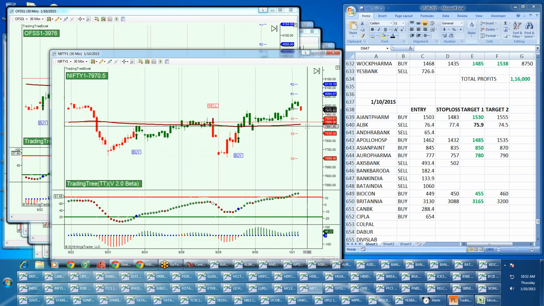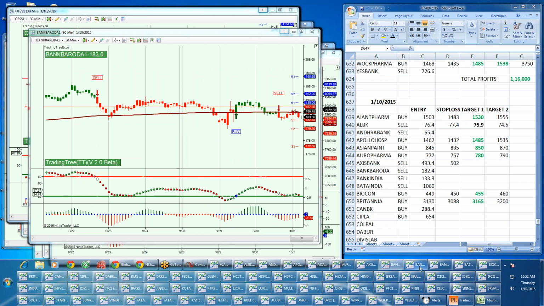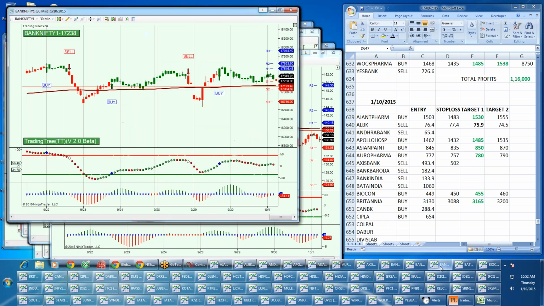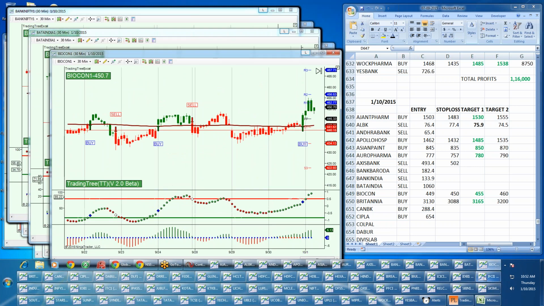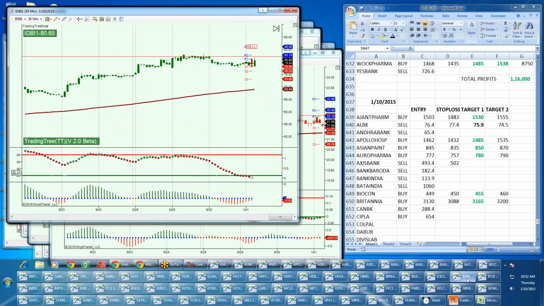But it has a strong support at 7892. This buy call has not triggered.